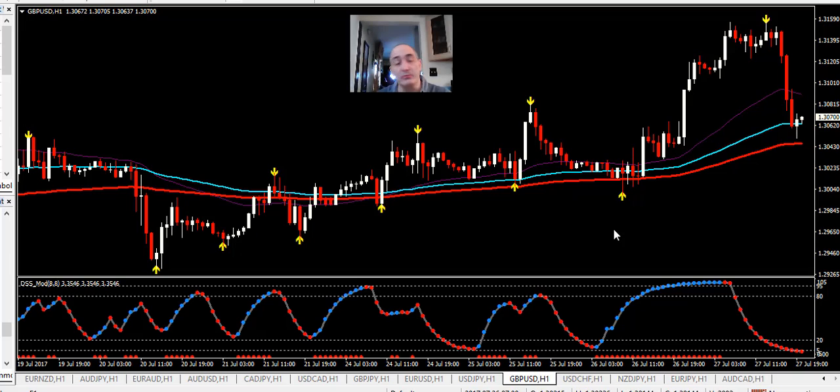So this was just a brief overview of my trading strategy, which is a scalping / swing trading strategy, because sometimes we are in and out of trades very quickly, within an hour or two. And then other times we hold the trades overnight and even into the next day.